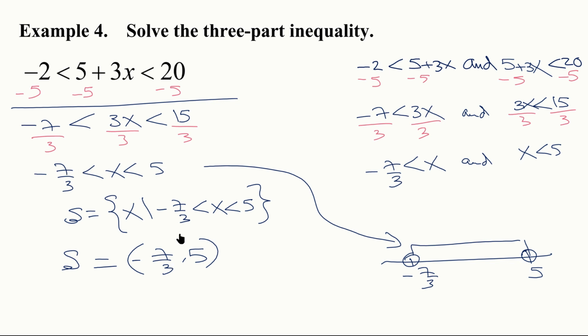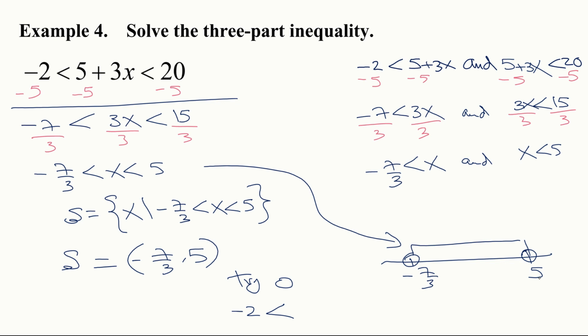So what does this mean? It means if you take any number in this region and plug it in, it's going to make this a true statement. Try it. What is the most famous number you know between negative 7/3 and 5? Yeah, I think I heard you say 0. So try 0. Plug it in.